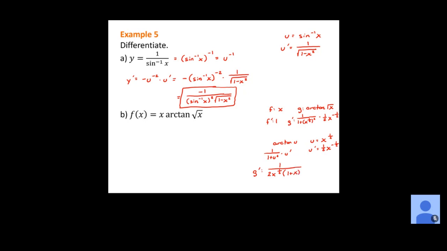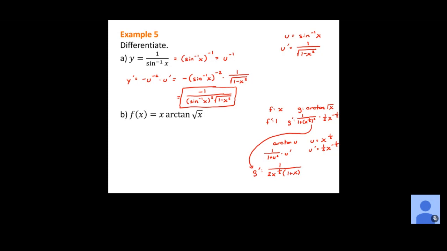So that's just 1 plus x now. And so all of that gave me that. And you could distribute the 2x to the 1/2 there if you really wanted to, or you could leave it alone, leave it like that factored.